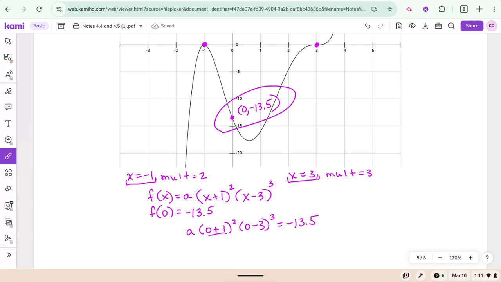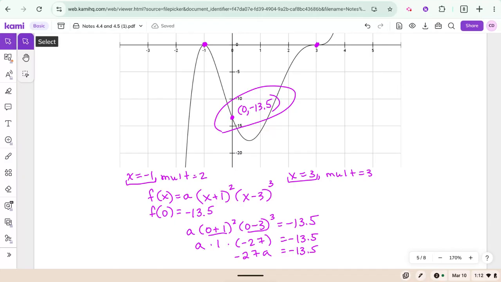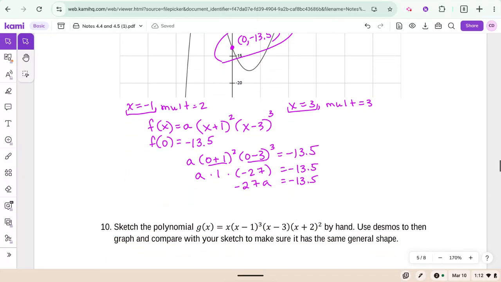Now 0 plus 1 is 1, and 1 squared is 1. 0 minus 3 is -3, and -3 cubed is -27. So a times 1 times -27 is -27a. And if I divide both sides by -27, I am going to get 1/2.